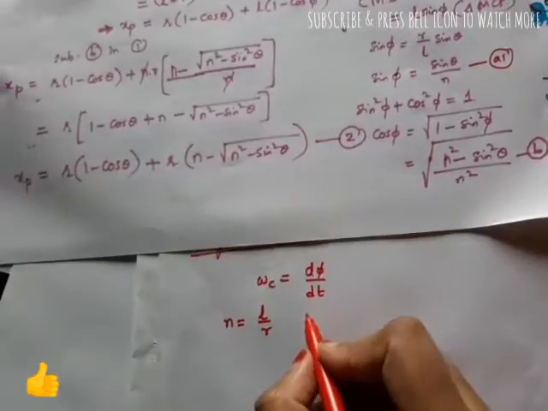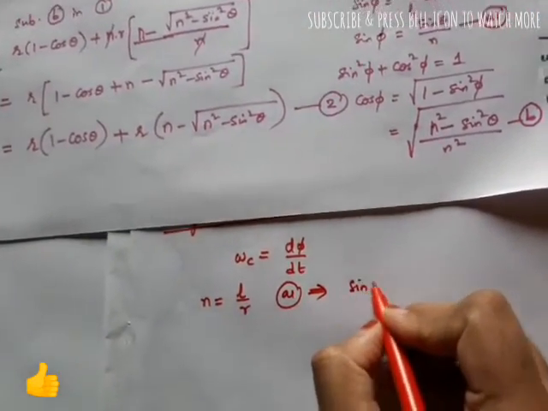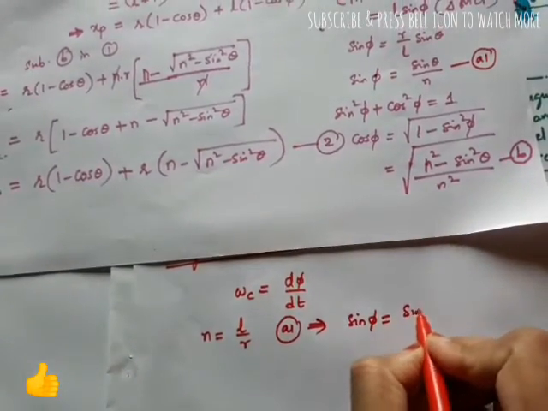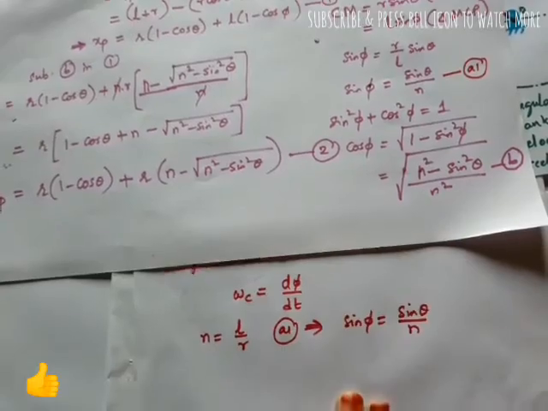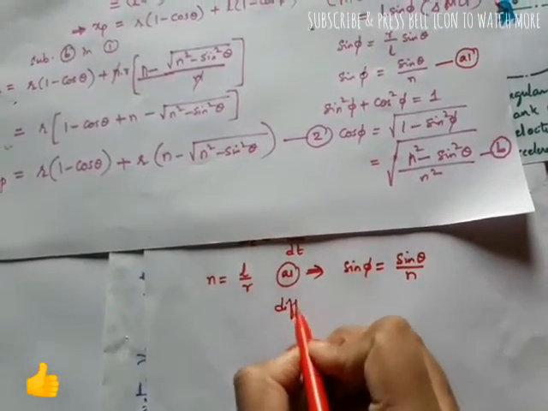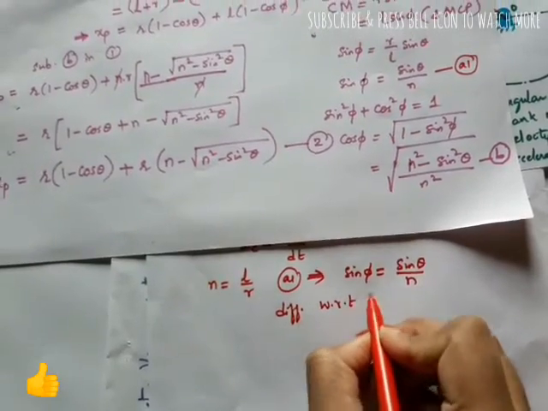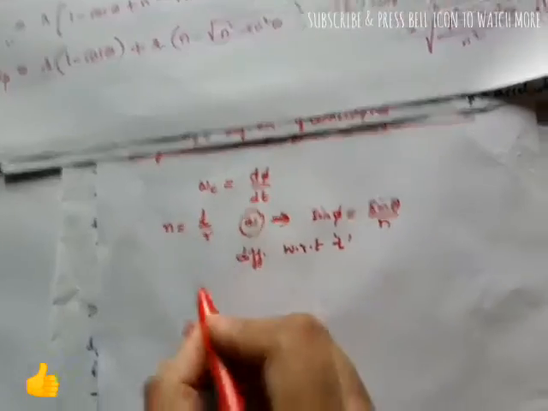So from A1, we have sin phi as sin theta by n. Now differentiating both sides with respect to t, because we want this d phi by dt.